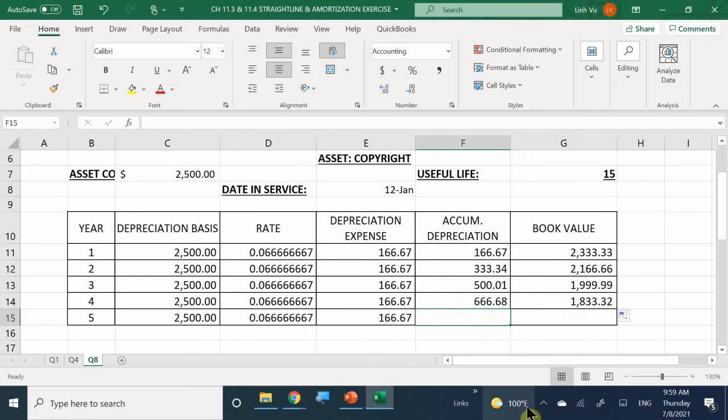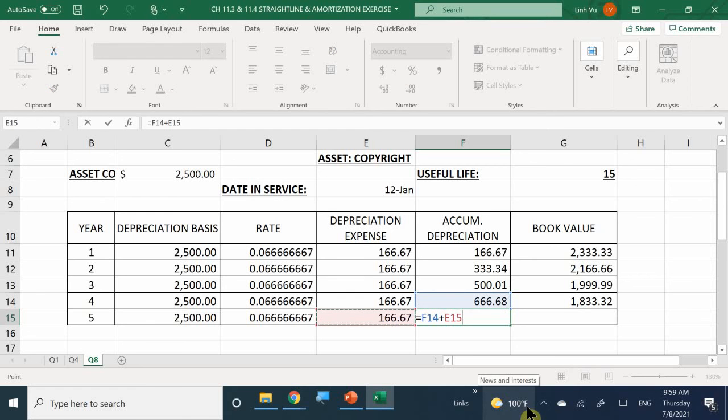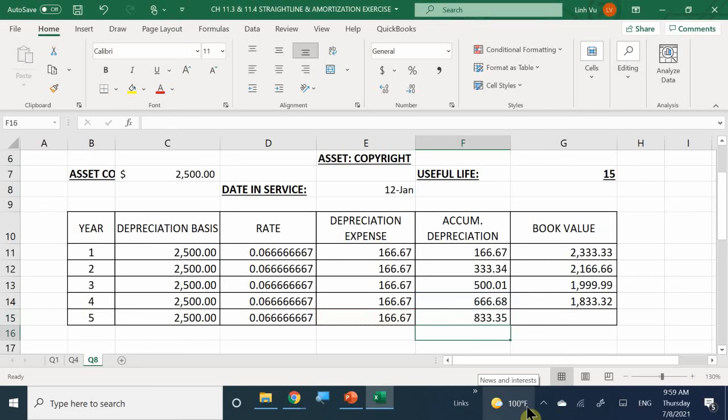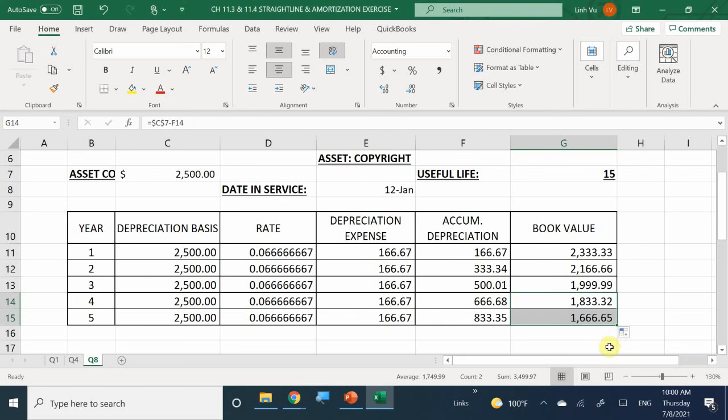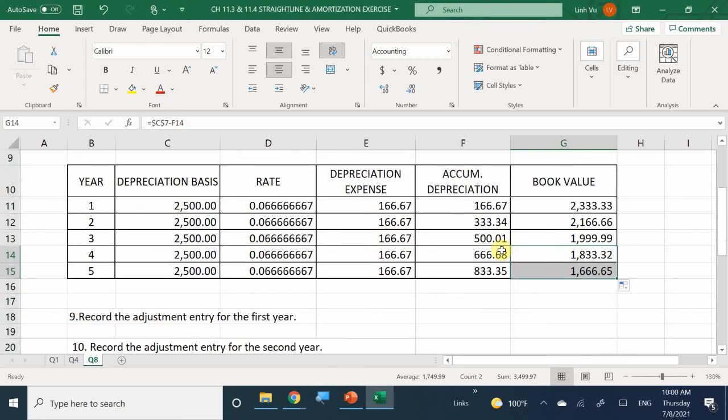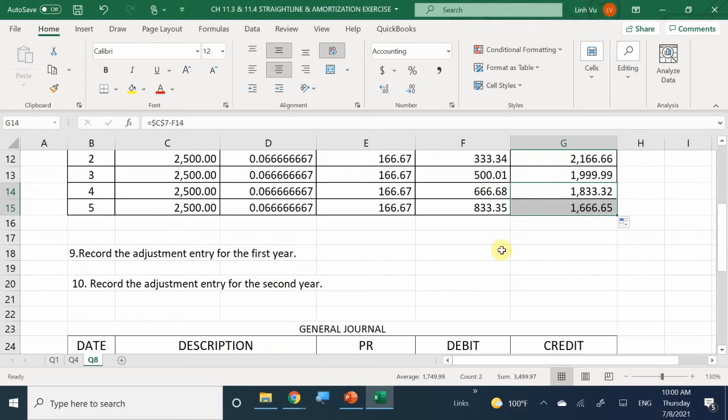And last but not least, what is going to be my accumulated amortization for the fifth year? 833.35. And then last but not least, the book value of year 5 should be 1,666.65. Okay. Good.